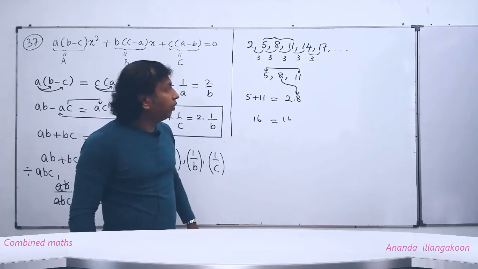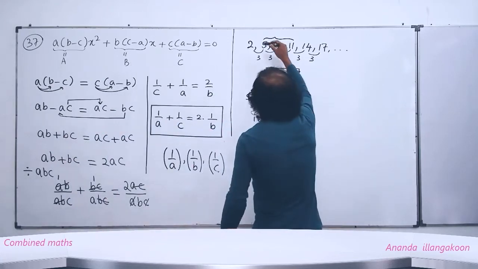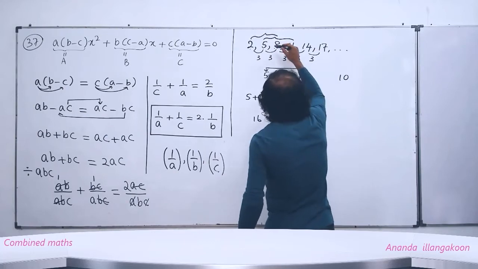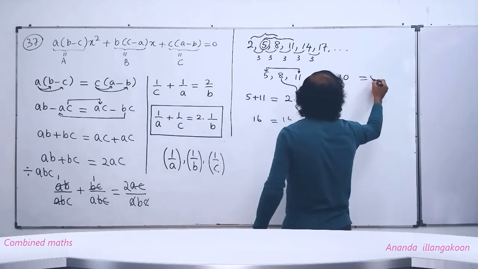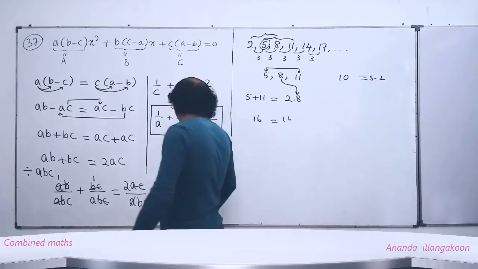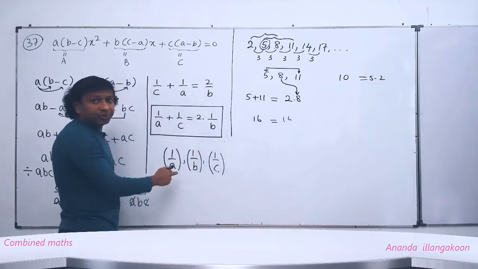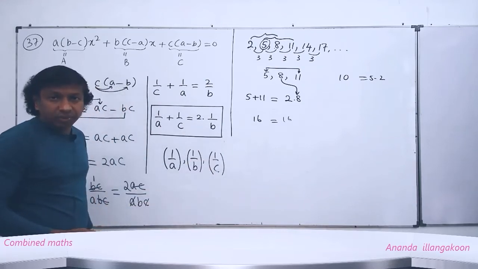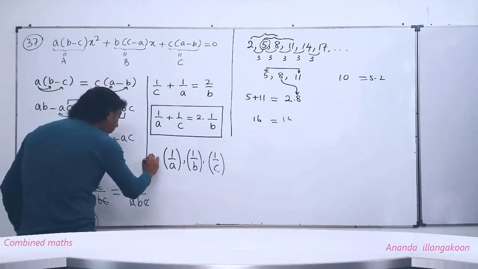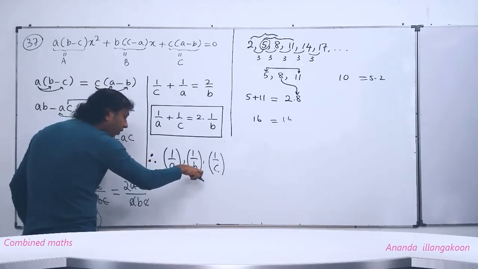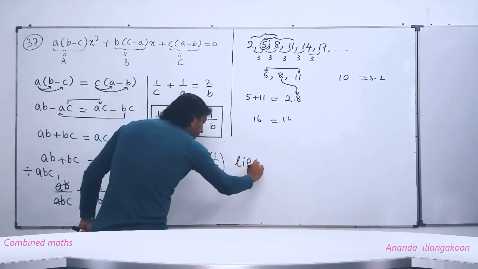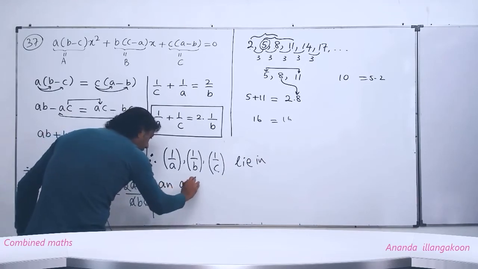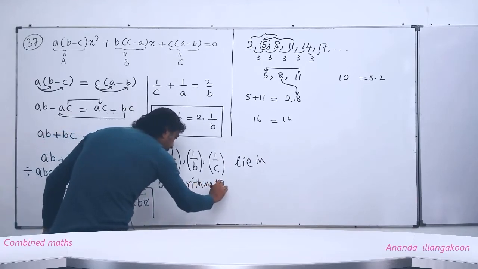Understood? You can verify this result again taking another 3 terms. If you take 2, 5, 8, multiply this 5 by 2, we get 10. Understand? So therefore, this result gives us that 1 upon A, 1 upon B, 1 upon C lie in arithmetic progression.